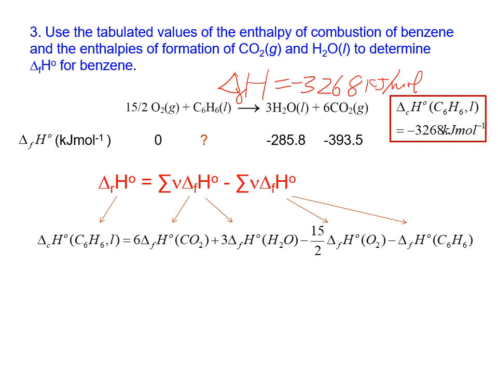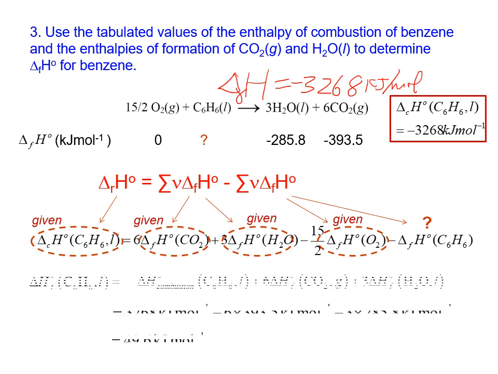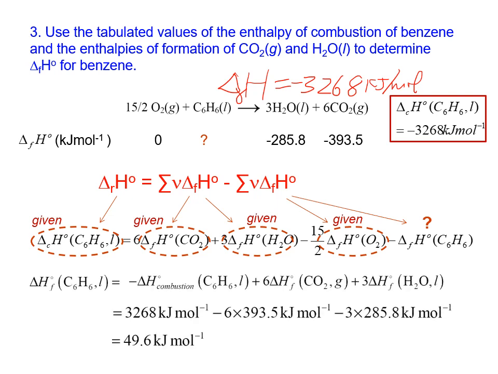Plugging in all the data, the only thing unknown in this equation is the formation enthalpy of benzene. A simple mathematical modification gives you the formation enthalpy of benzene equals the formation enthalpy of carbon dioxide and water minus the combustion enthalpy of benzene.